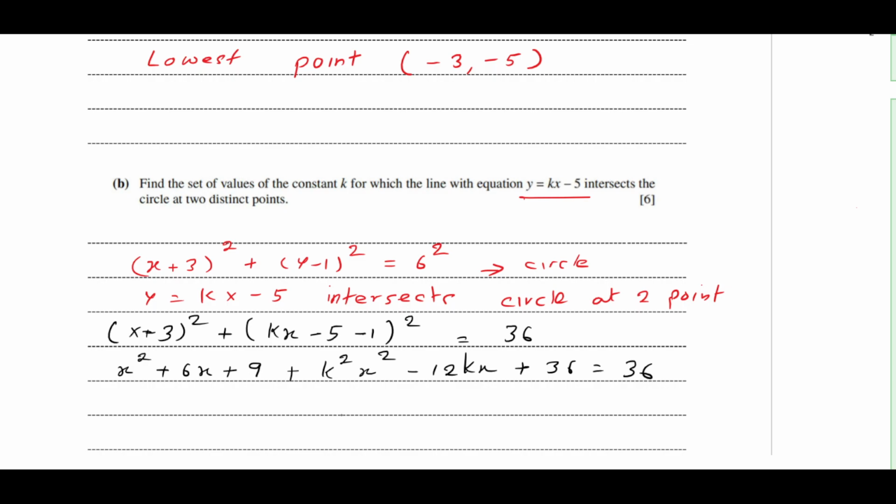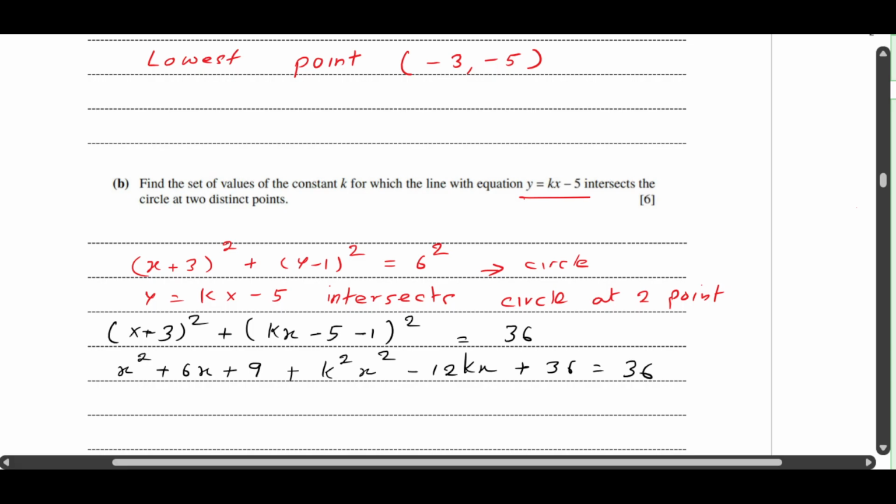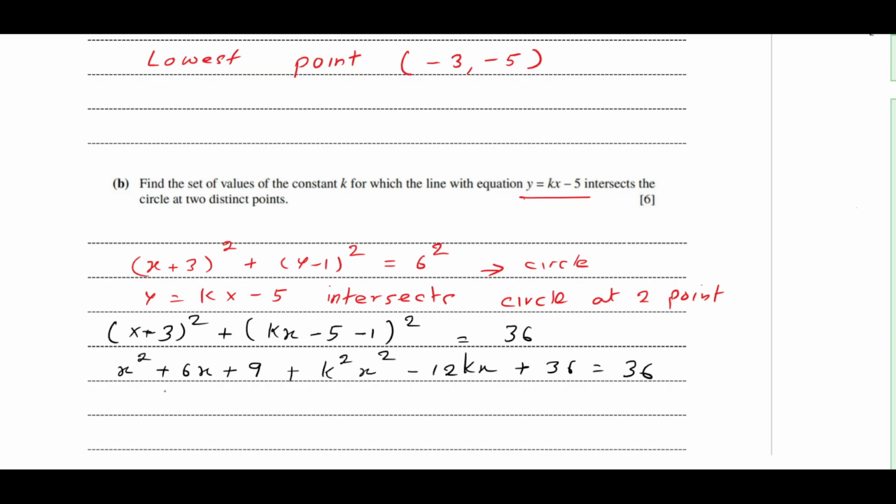After this, what should we do? Here, if I simplify this, it is x square plus k square x square, then we have plus 6x minus 12x, so it is minus 6x, and this 36 we can cancel.